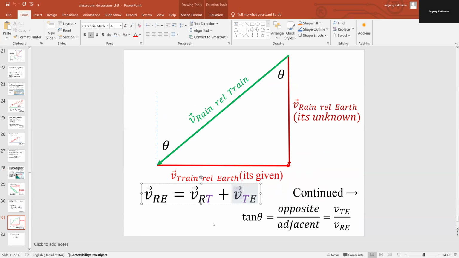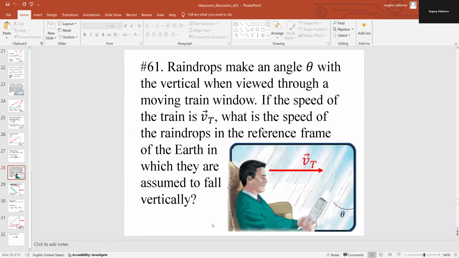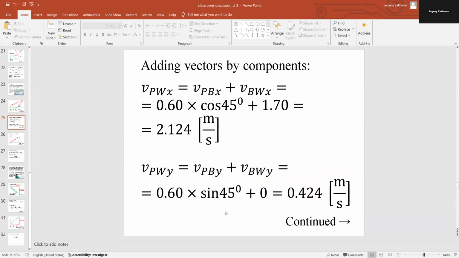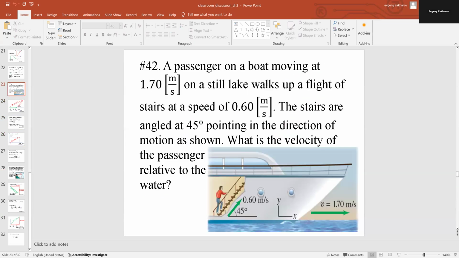Now, I should admit that this problem is a little advanced. It's a little more challenging than the boat ones, like this boat problem or the one that we had in lectures. On the test, you'll definitely see something simple rather than the rain and train in the Earth.